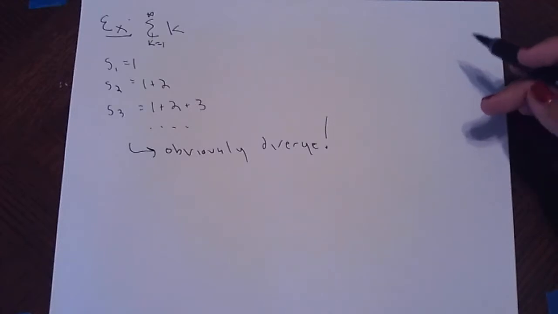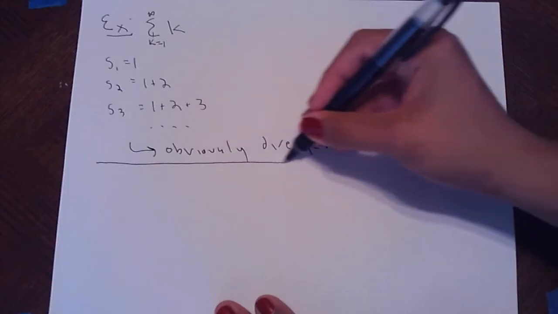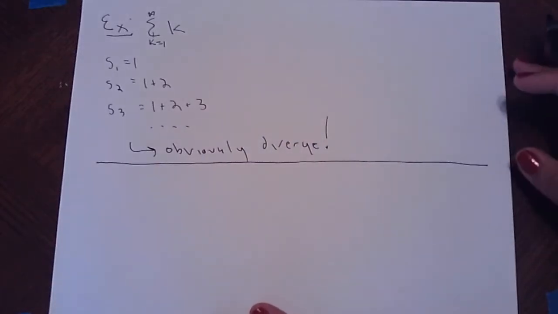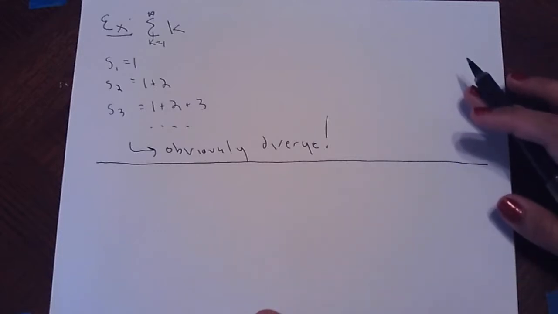All right, now I kind of want to change gears a little bit here. We've been talking about how to add up these infinite lists of numbers directly. I'll give you all a hint: you're not always going to want to do this directly, because that's probably going to be a pain in the butt.